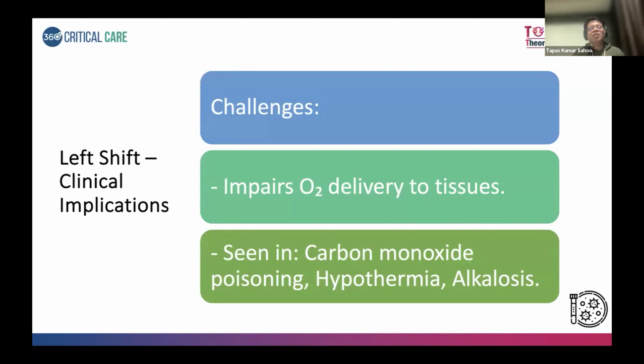So that would be impairing oxygen delivery to the tissues because your affinity is now more. And that can be seen in clinical scenarios for us: carbon monoxide poisoning, hypothermia, and alkalosis. So you remember what are the factors that shift ODC to the right, what are the factors that would be shifting your ODC to the left.